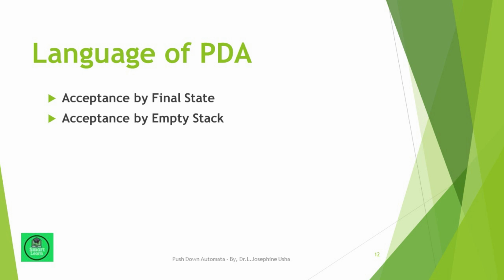There are two ways to define the language of a pushdown automata: one is acceptance by final state and the other is acceptance by empty stack.